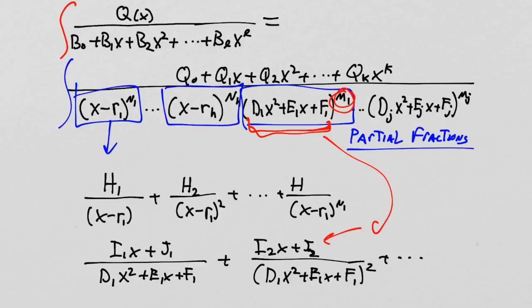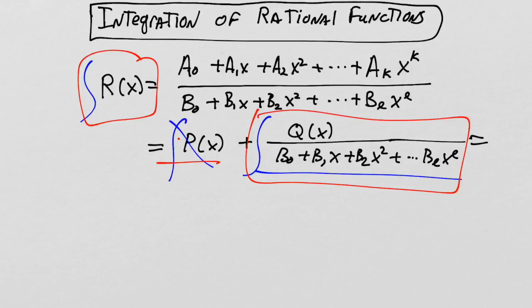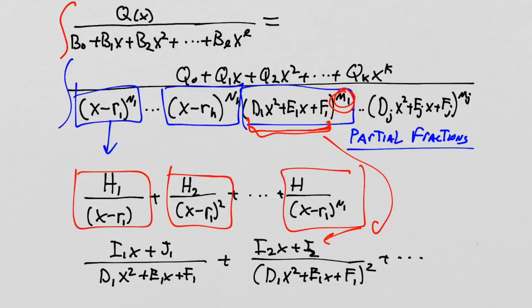So ultimately, in order to say that we can integrate all rational functions, we know we can integrate polynomials. We're working on integrating this, but integrating this is equivalent to integrating expressions like this, which are basically, in general, expressions like this, right? Where n could be 1 to any integer n.